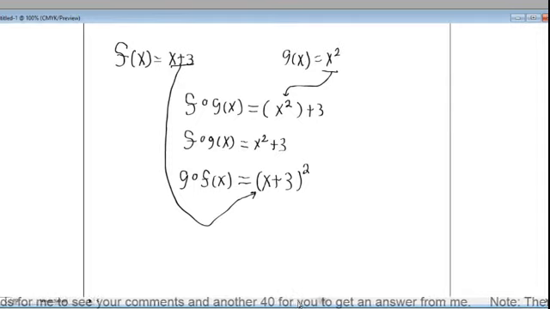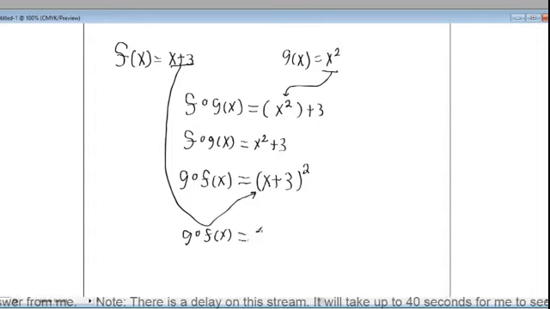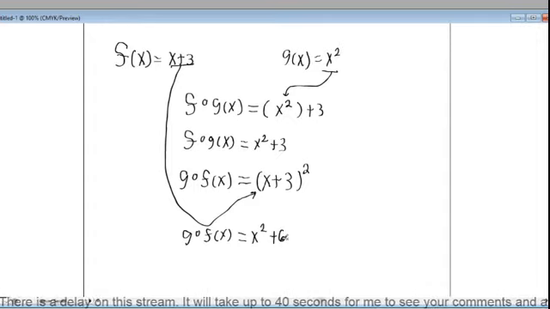Okay. Well, we need to simplify that. So g composed of f of x, if we square this out, that's going to be x squared plus 6x plus 9.